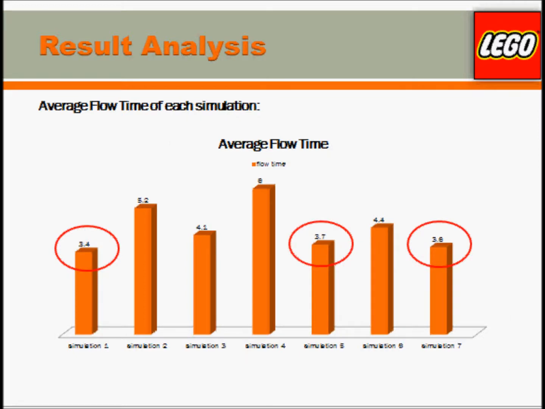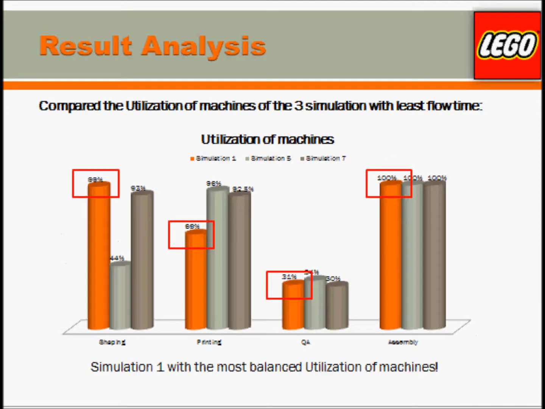What are some analyses that we have done? First, we listed the average flow time of each simulation and found 3 simulations with the least flow time, which are simulation 1, simulation 5, and simulation 7. Then we picked these 3 simulations and compared the utilization of machines among them. We could see that simulation 1 had the most balanced utilization of machines.